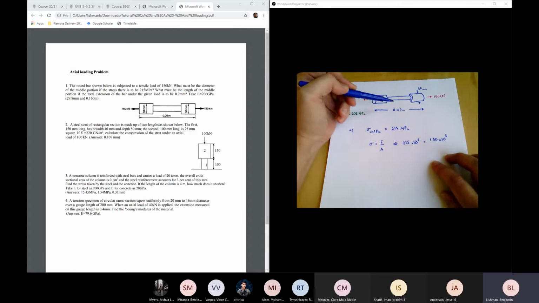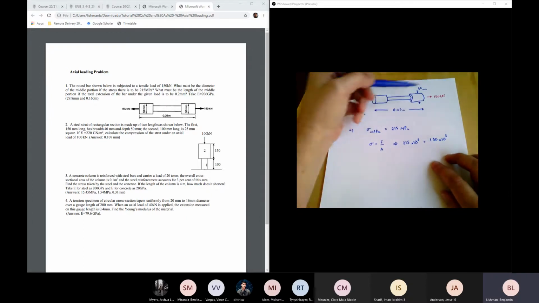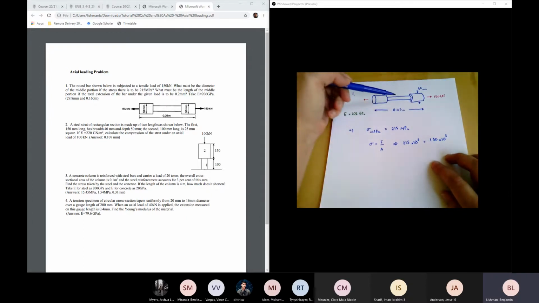If you want to use a rigorous approach, you could think about the method of sections: if we made an imaginary cut somewhere in the middle of the bar, we'd have a force of 150 kilonewtons pulling to the right on our section, and so we'd need 150 kilonewtons pulling to the left to balance that, and that means there must be an internal tension of 150 kilonewtons.